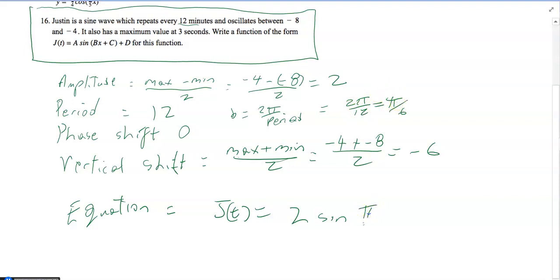So it's going to be pi over 6 x. And then c we find from the phase shift. The phase shift is equal to -c over b, so 0 is equal to -c over b. So c would be b times 0, which means that c equals 0. So plus c would be plus 0, so we don't have to write it. And then plus d, d is -6. And we are done. That's the answer for this one.